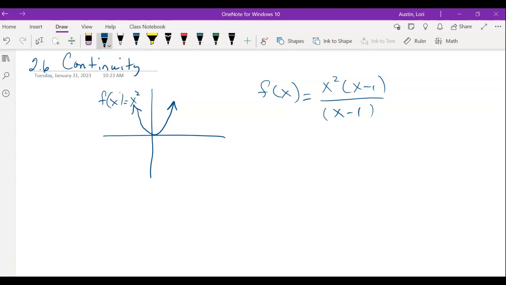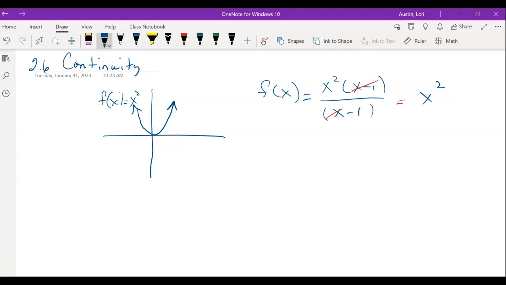If I plug in 1, I have an issue, because I'm going to get a 0 in the denominator. But why is it not a vertical asymptote? Because the x minus 1 term cancels. Isn't that pretty much the same as just the previous function? Except for one little thing, it has a hole. So notice that x squared times x minus 1 over x minus 1 is not the same function.